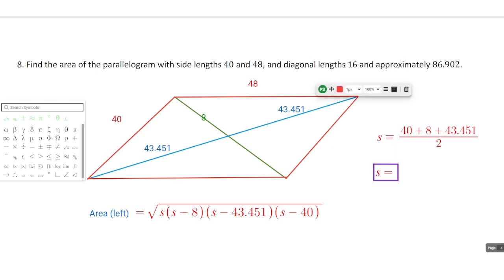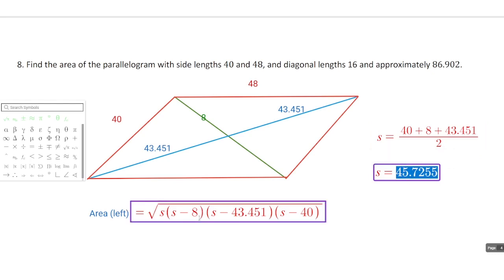Make sure you're using your calculator for these problems. You do not need to do this by hand. All right, so I'm getting roughly 45.7255. We could probably round it, but I'm going to try to be as precise as I can here. So this is what I'm going to plug into S.